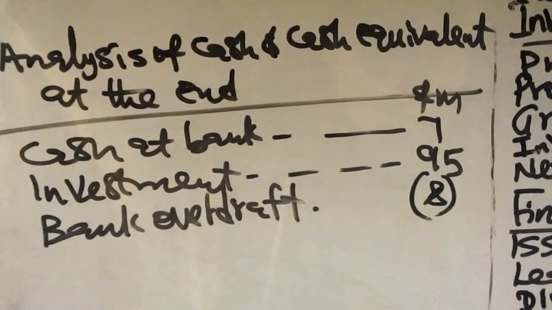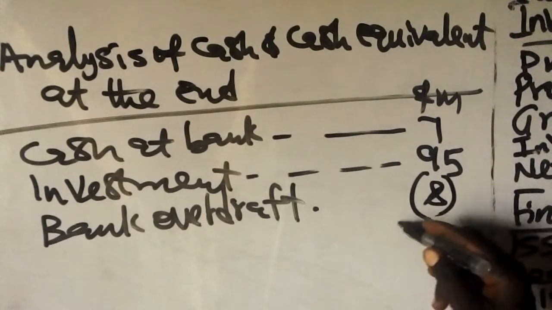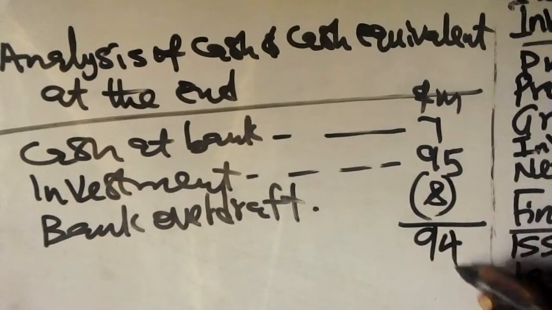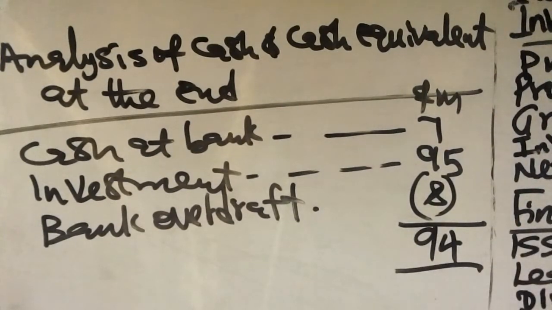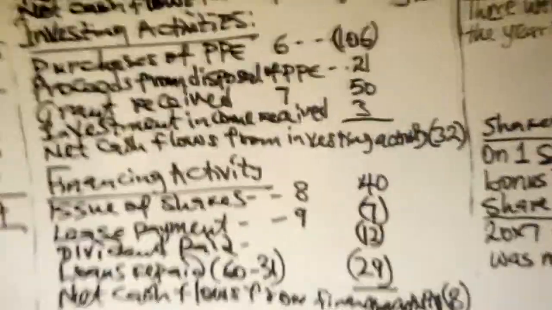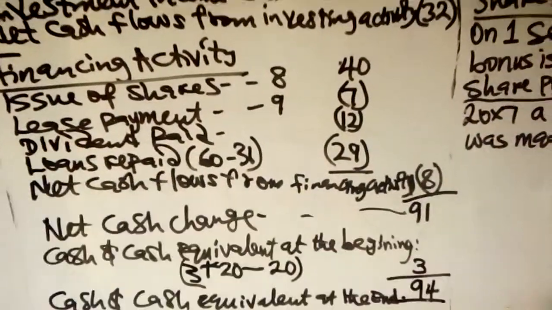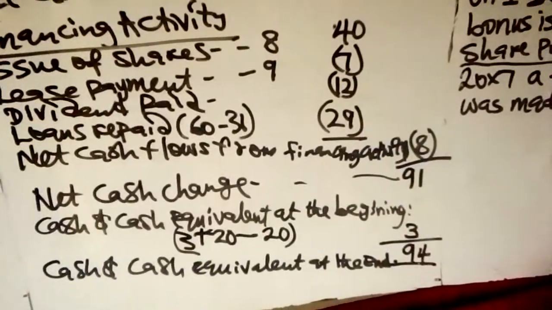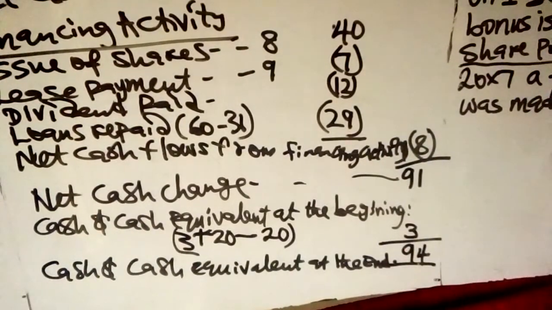So 7 plus 95 will give us 102. 102 minus 8 will give us 94. That is what makes up the 94 we have in our cash flows statement. That is the end of the solution to the question.